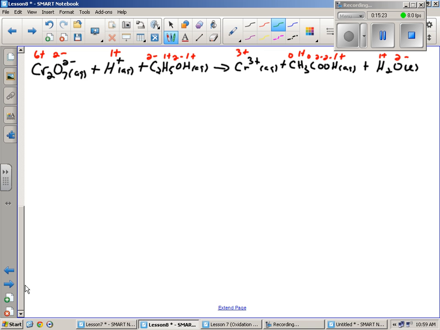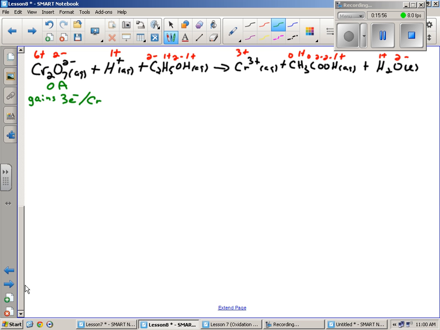Oxidizing agent or reducing agent? Oxidizing agent is correct because it is being reduced, yes? So I'm going to put here OA. While I'm doing that, I'm going to say, okay, well, if it's being reduced, how much is it reduced? Chromium going from 6 plus to 3 plus has to gain 3 electrons per chromium.